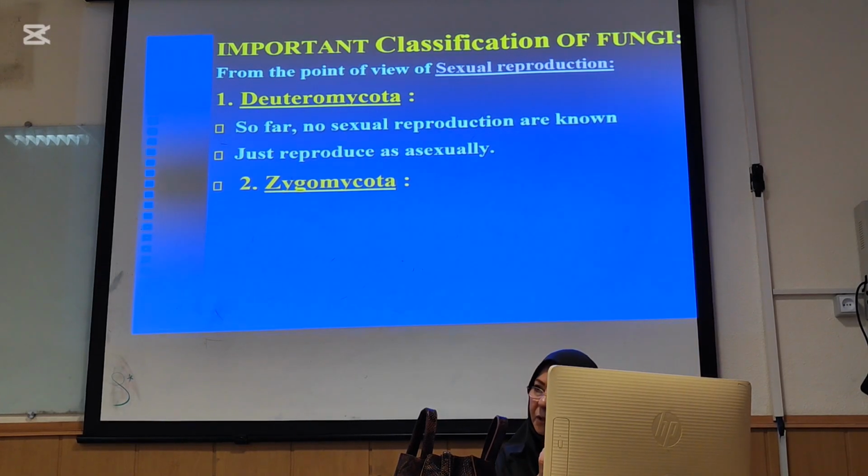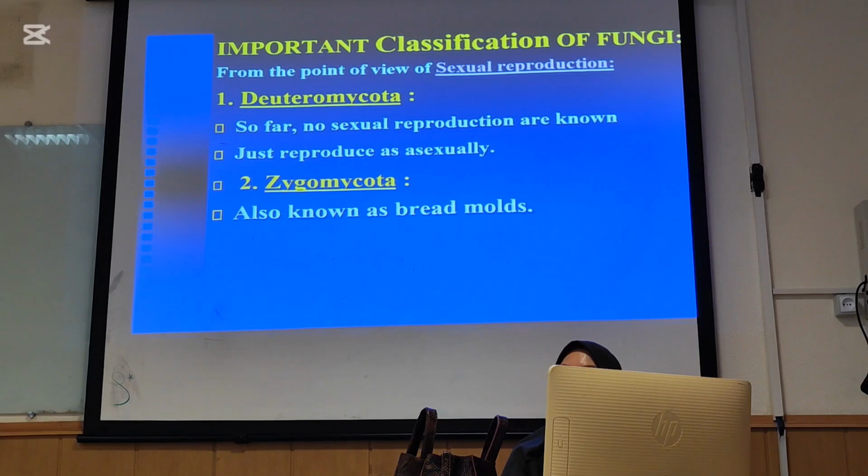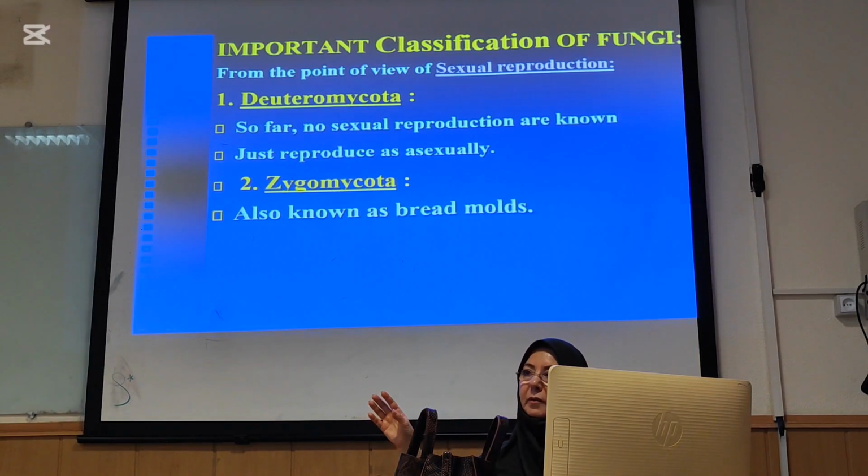But Zygomycota as a second group, Ascomycota as a third group, and Basidiomycota as a fourth group have asexual reproduction along with sexual reproduction. For example, Zygomycota, which we call bread molds, includes Mucor and Rhizopus, which are coenocytic under the microscope.